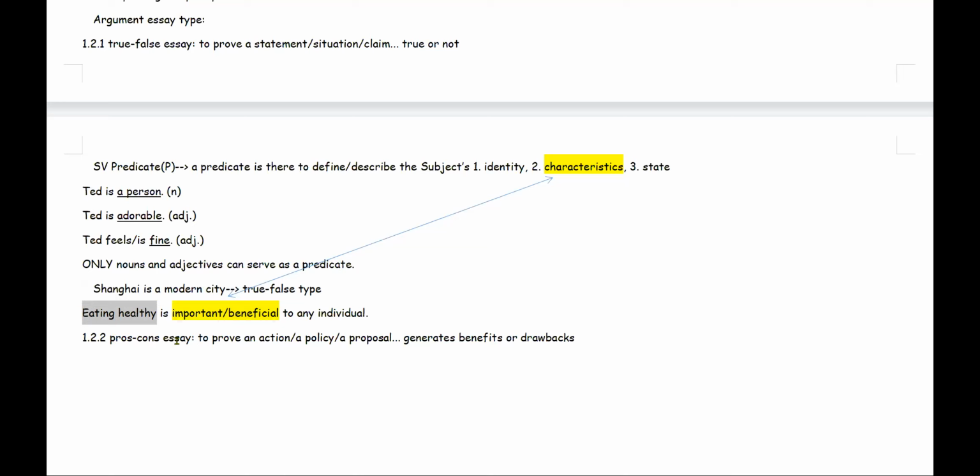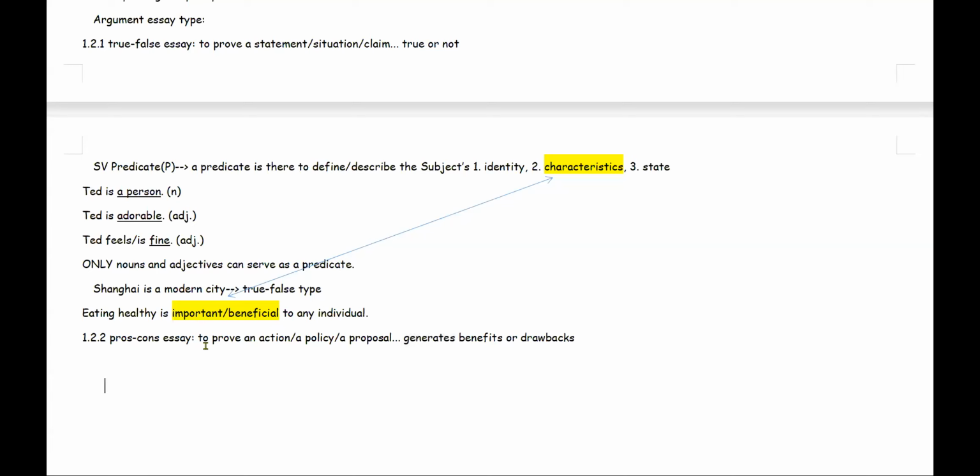If it is a pros-cons essay, we want to prove it will generate benefits or drawbacks. When we say generate, is it happening yet? No, we believe it will happen. But when we say it is beneficial, it already happened. We just need to prove it does exist. That's the subtle difference right here.